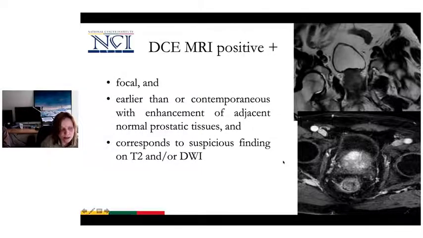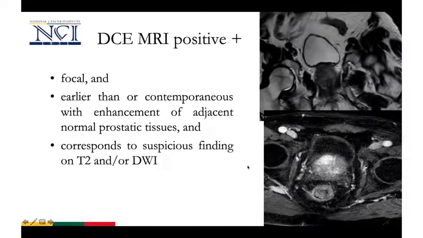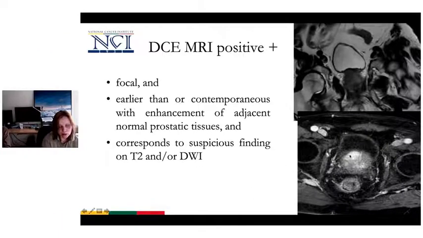While evaluating positive contrast enhancement, it should correspond to the other images, T2 or diffusion images, then it's positive. And if we see contrast enhancement in benign prostatic nodules, then it's not positive.